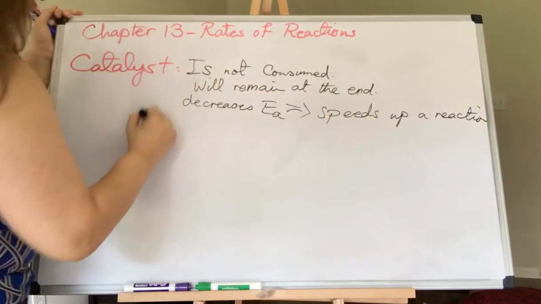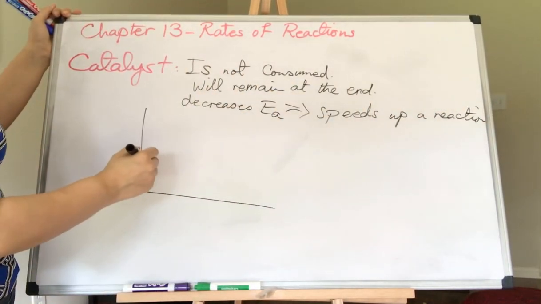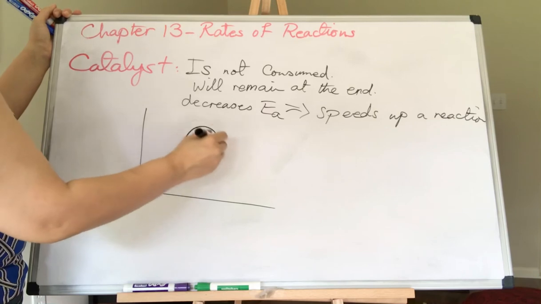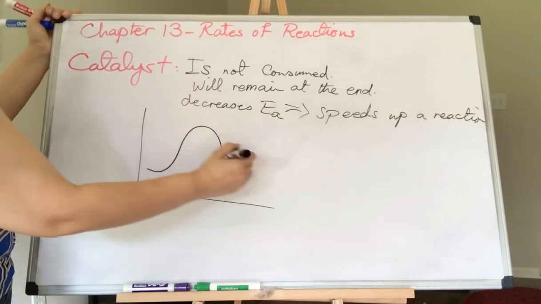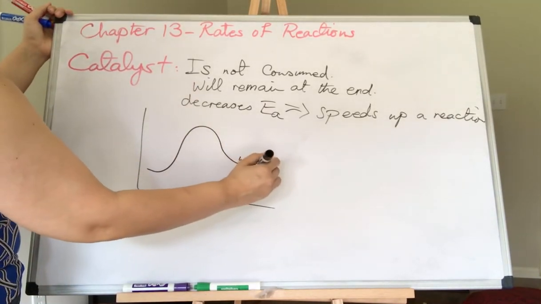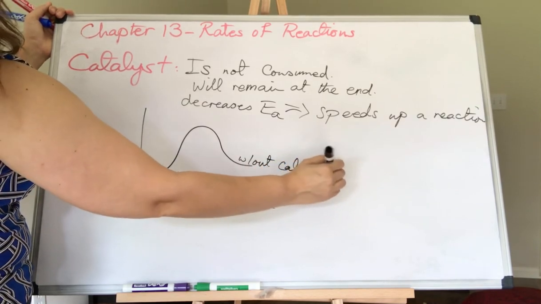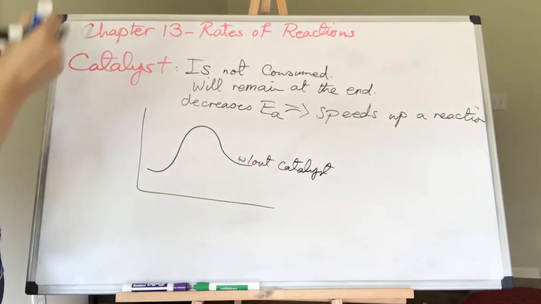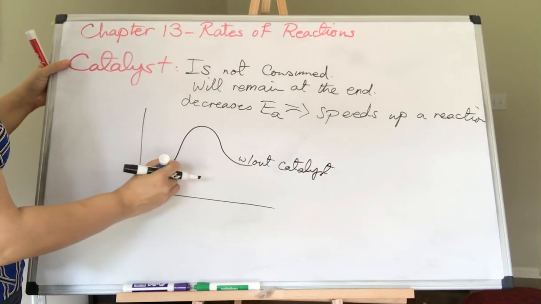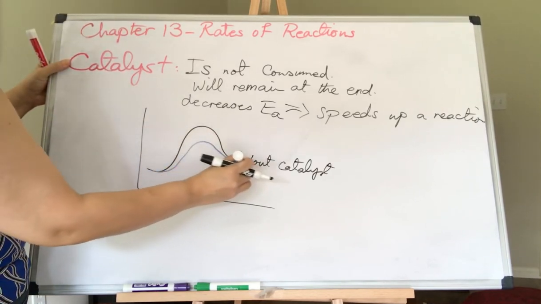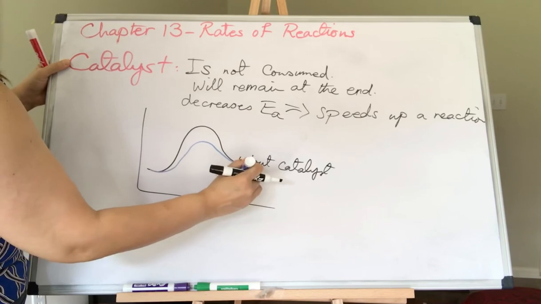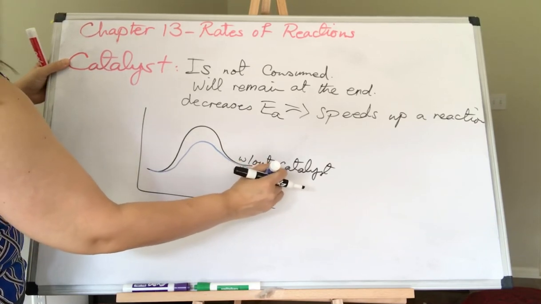So if we go with the energy diagram, and this is the energy diagram without catalyst, then if you use a catalyst, you may have this route. So this is with catalyst.